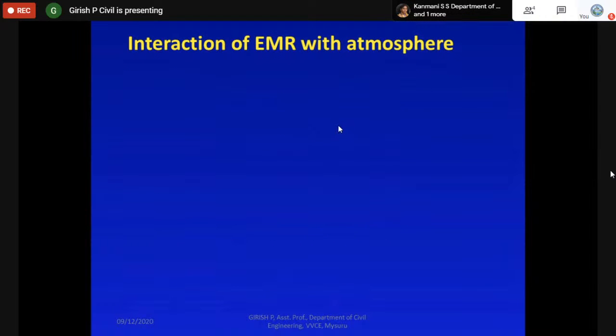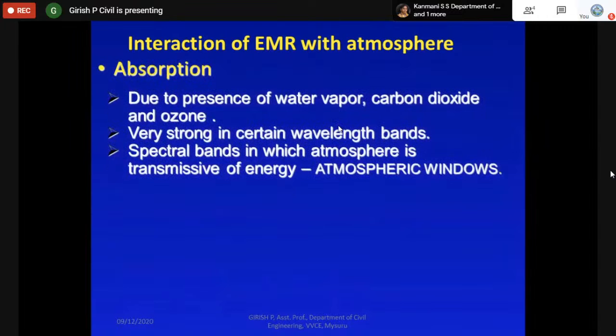So you must be very careful, particularly about the wavelength of the visible portion. Coming to the interaction of electromagnetic radiation, absorption and scattering processes are important.